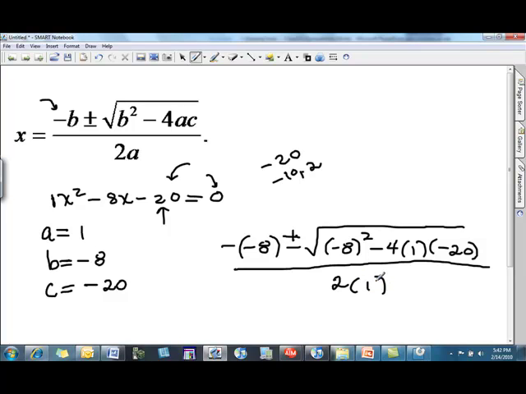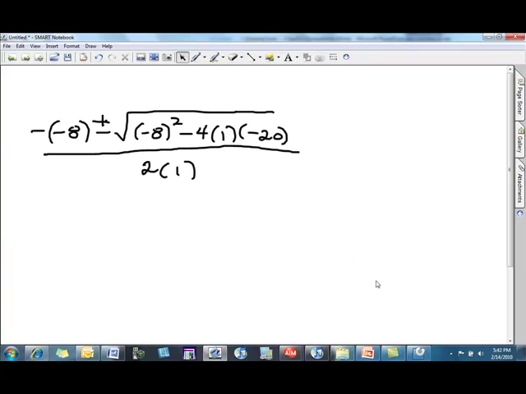Now it's a matter of simply doing our math. We want to follow the order of operations, and we're going to start inside the parentheses. You want to be really careful about your signs. Now, if you take a look at what's inside here, if this is a minus and this is a minus, and we're only looking at these three numbers here, this is the 4AC part. If this is a minus and a minus, then our math on the inside will be a plus.